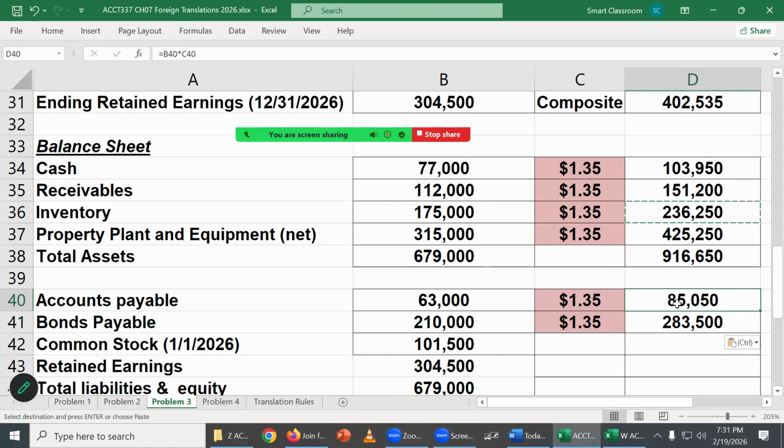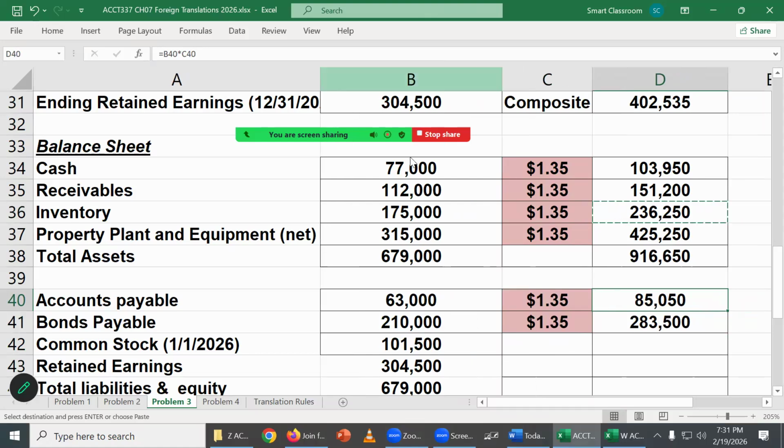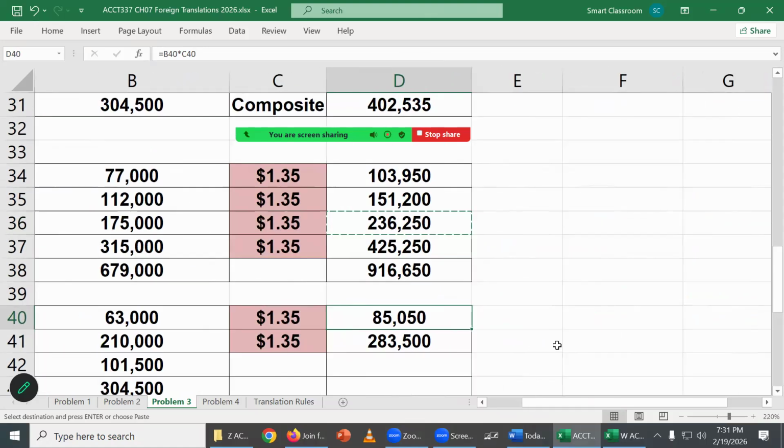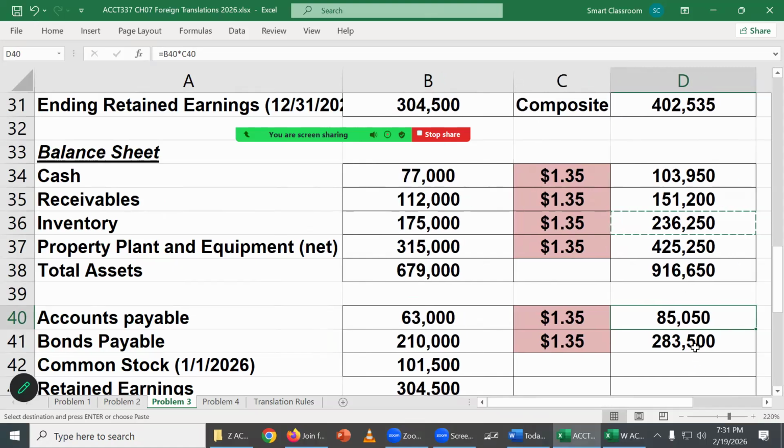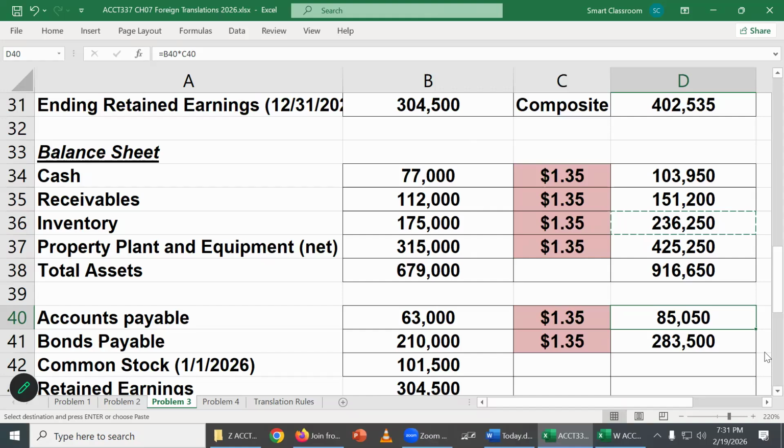So accounts payable is 85,050. And bonds payable will be 83,500.